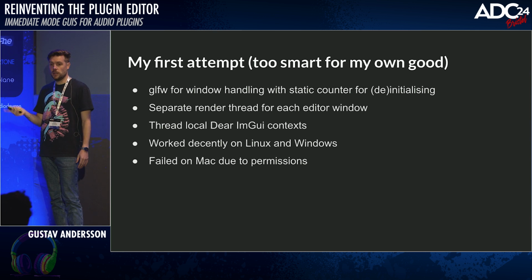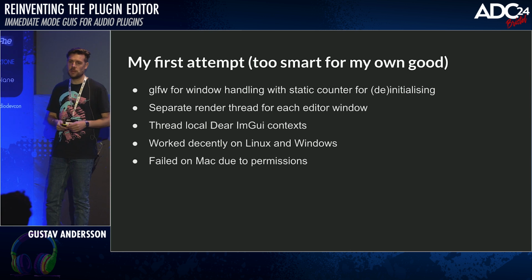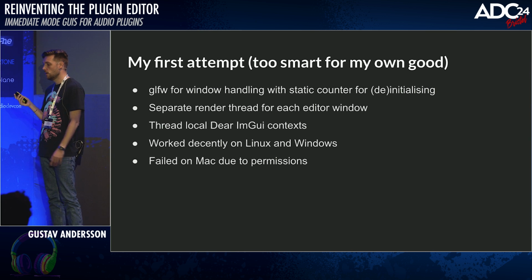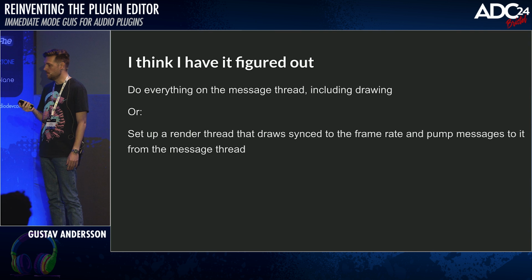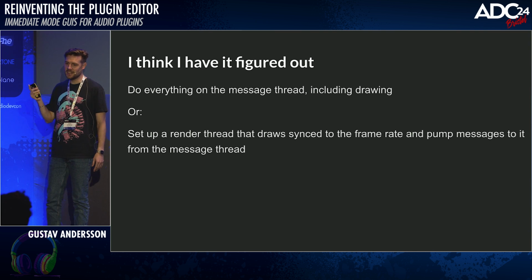And this worked quite well on Linux and on Windows. But then I tried to take it to Mac, and failure, because on Mac it's only the main thread that can even create a window, and it's only the main thread that should ever access the message loop. So I thought long and hard about this, or I thought 5 minutes at a time for a long time. But I landed in that there's only two ways you can do this, basically.